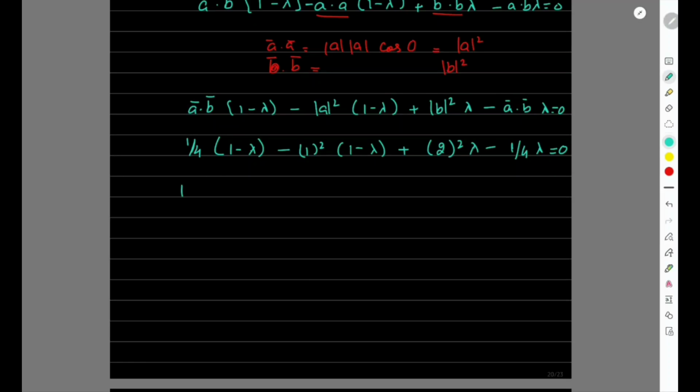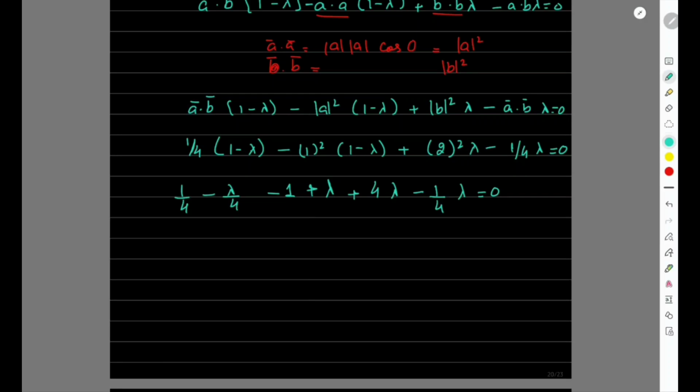Now opening the brackets, we have 1 by 4 minus lambda by 4, minus 1 plus lambda, plus 4 lambda minus 1 by 4 lambda.